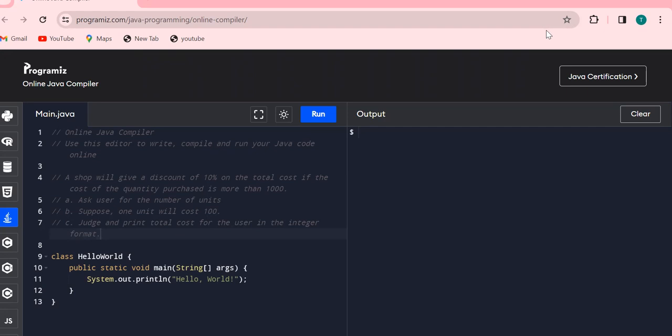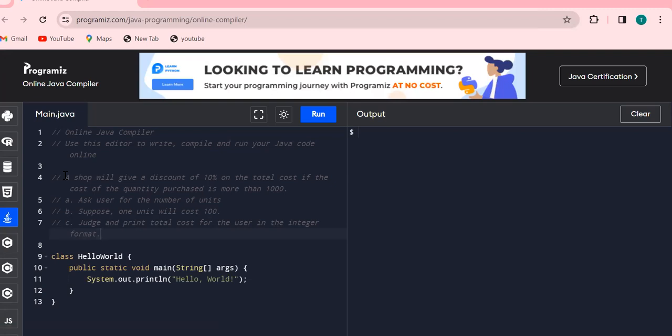So today in this class, we will learn how a shopkeeper will give a discount to the user. This is the problem. A shop will give a discount of 10% on the total cost.